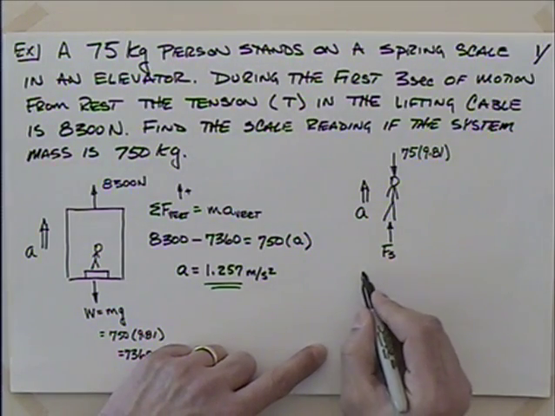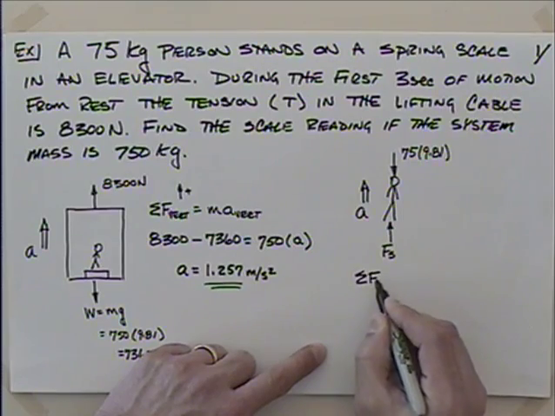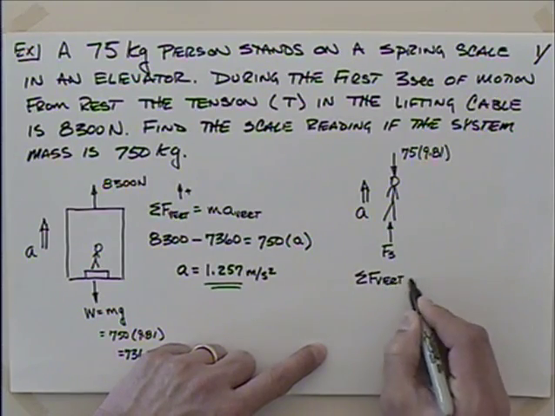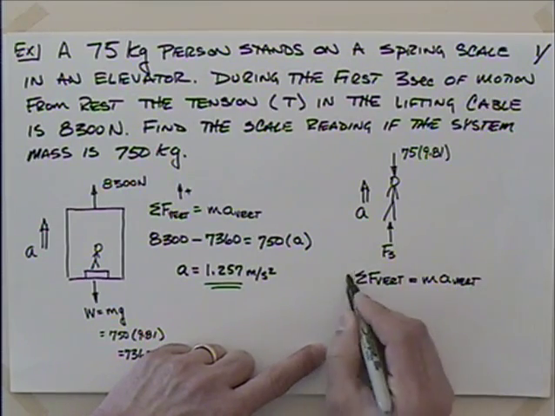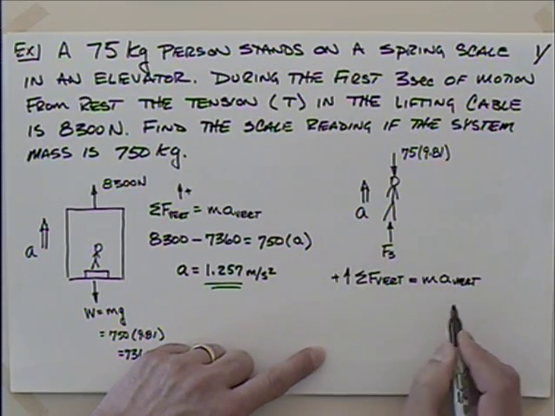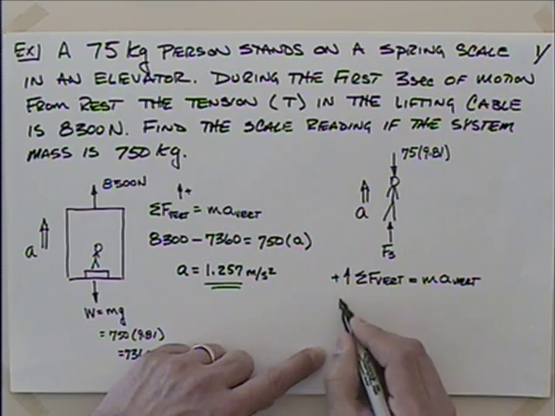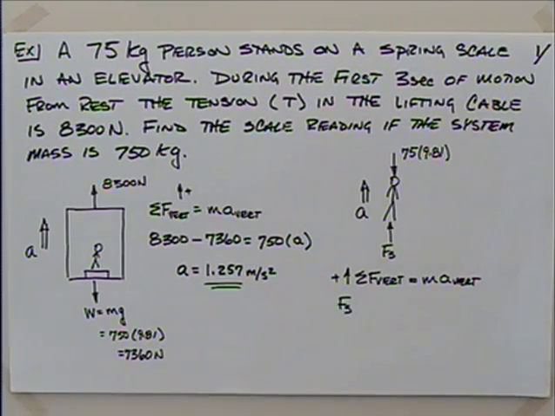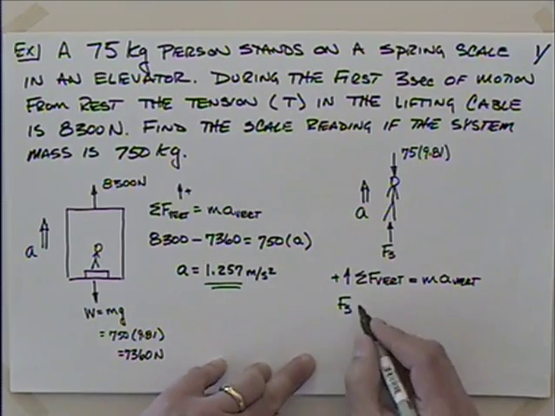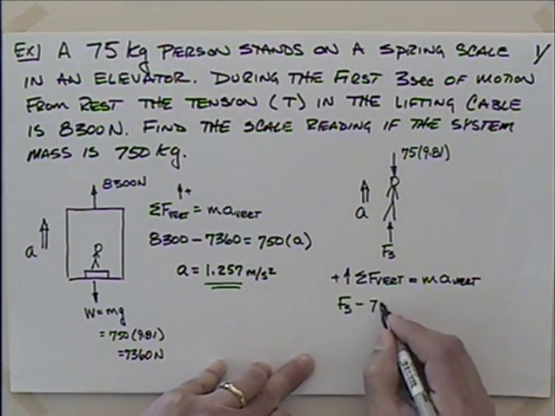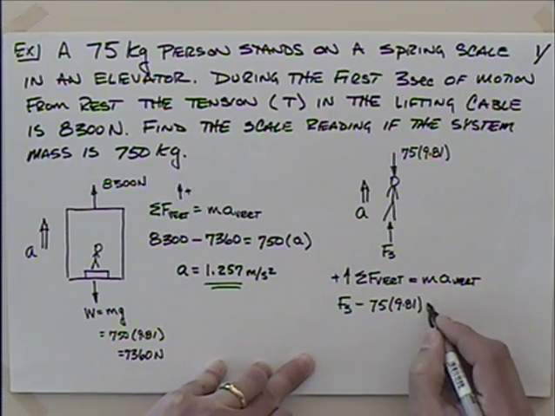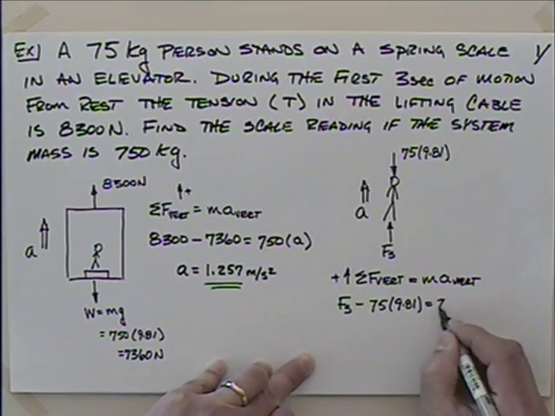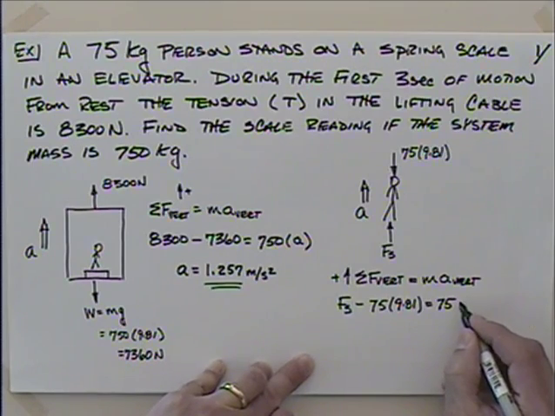So if I look here, summing the forces in the vertical direction, setting it equal to mass times acceleration in the vertical direction, and I'll go ahead and take positive up again here. We could say that we have the force of the scale pushing on the person, minus the weight, which is 75 times 9.81, is equal to their mass, which is 75, times the acceleration.